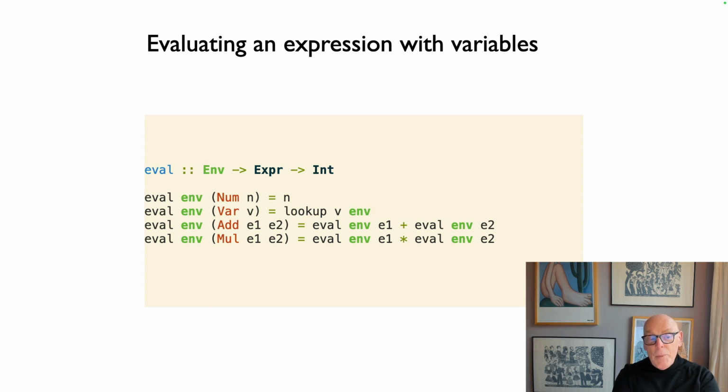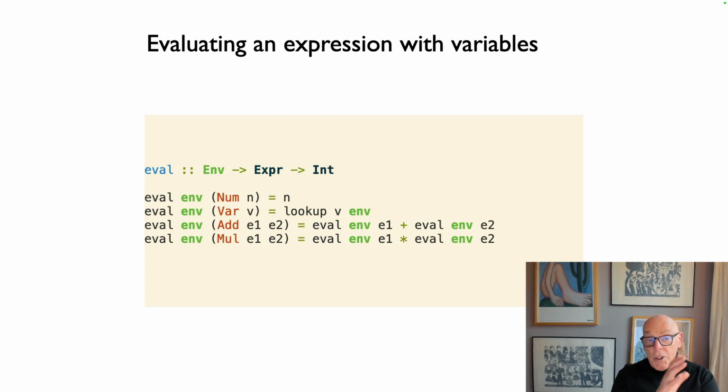So the first argument now to eval is an environment. Evaluating the number n in the environment is just n. And evaluating an add and a mul, you evaluate the 2 subtrees in the environment and then add together those 2 numeric results to give a number. The new case here is what you do with a variable. And the answer is that you look up the value that v has in the environment.